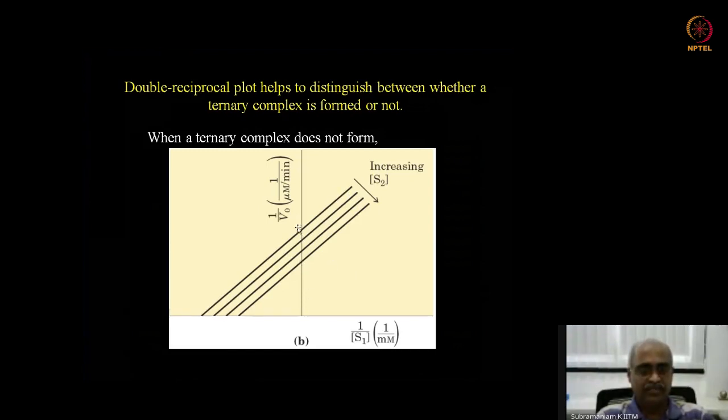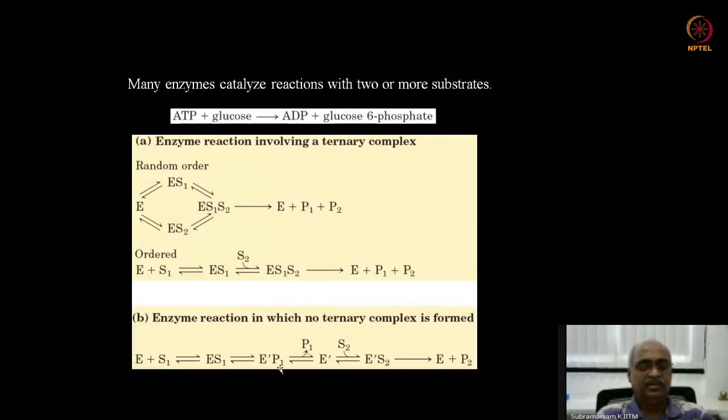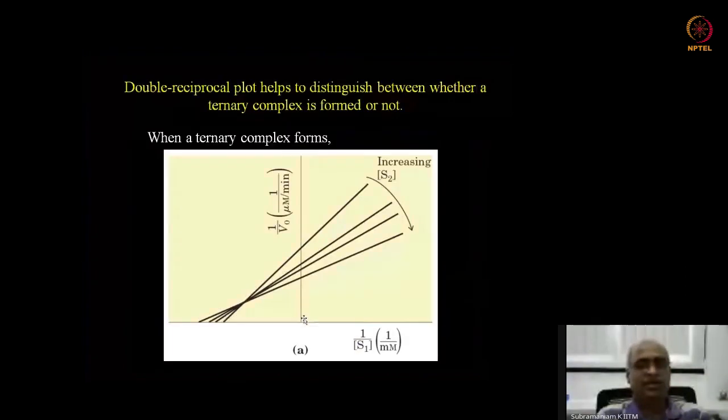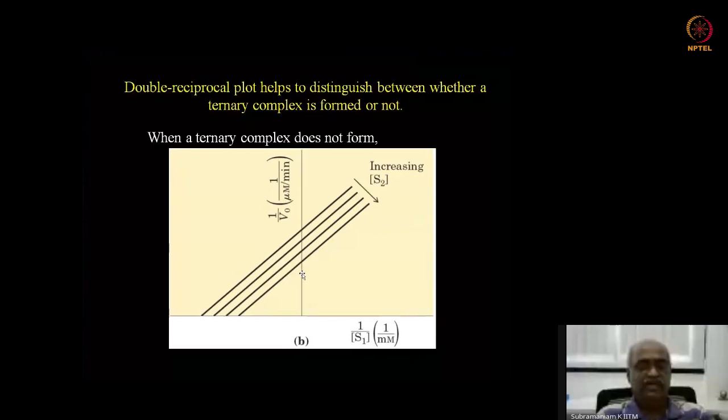So only the velocity itself changes. Vmax individually changes because V0 changes. That is because this availability can drive this reaction this way. So therefore, it can speed up the ES breaking down. So due to that, Vmax decreases.